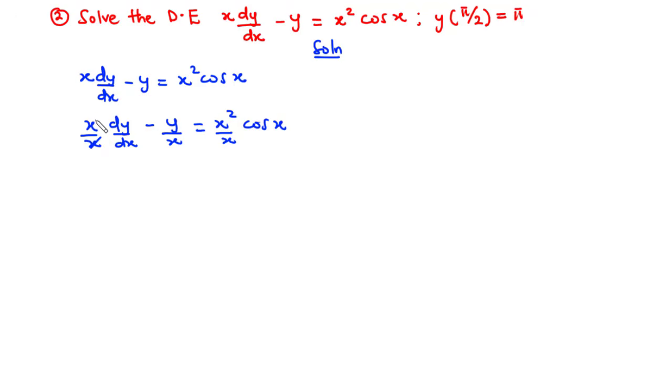So this cancels out, this also cancels one of it, and so we are left with dy dx minus y over x equals x times cos x. So this is in the form we are looking out for.